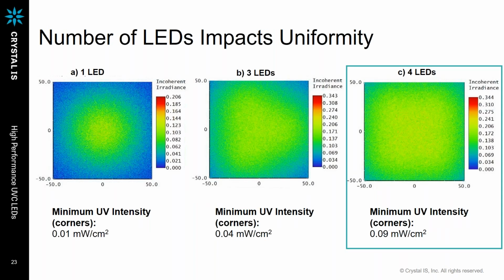With one LED, you can get a certain intensity, and it is only 0.01 milliwatts per square centimeter. With 4 LEDs, uniformity is really good, and you are getting a pretty good intensity of 0.09 milliwatts per square centimeter. So we would work with you to figure out the impact of the number of LEDs on the uniformity.